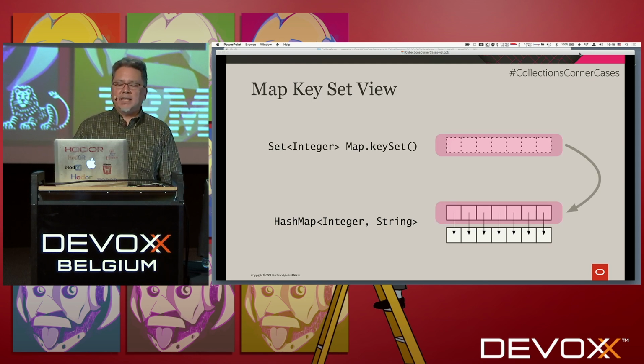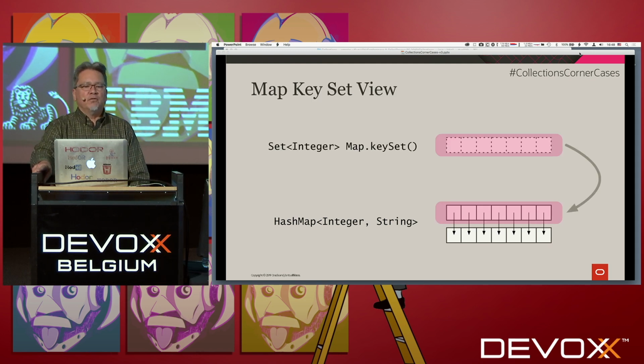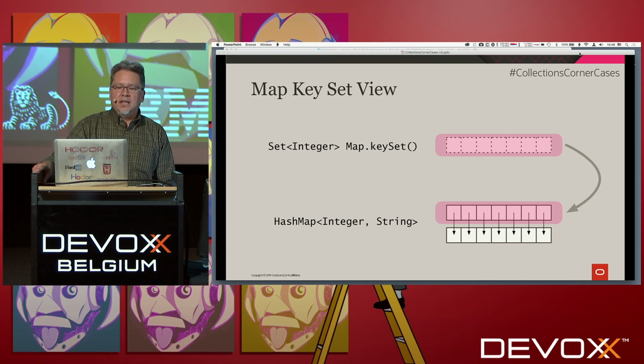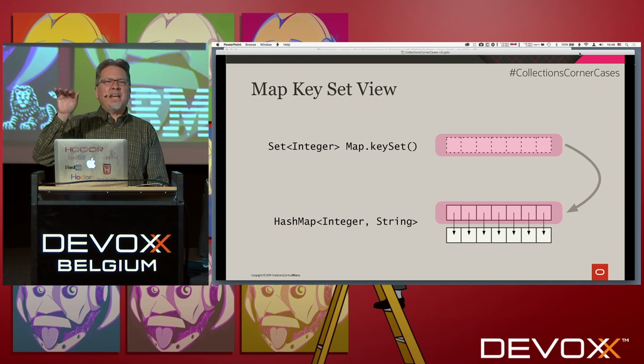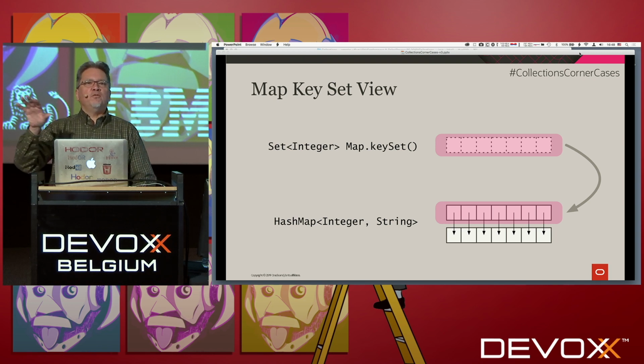Now, what happens if we get the key set view of a map? If you call keySet, then you get a set back, and the type contained in that set is the same as the keys of the underlying map. But remember earlier I said, like Arrays.asList, it doesn't really have the elements itself. It's merely a view onto some underlying collection.